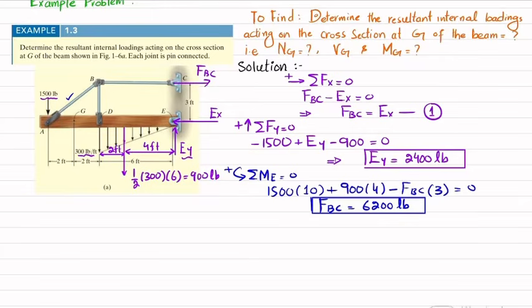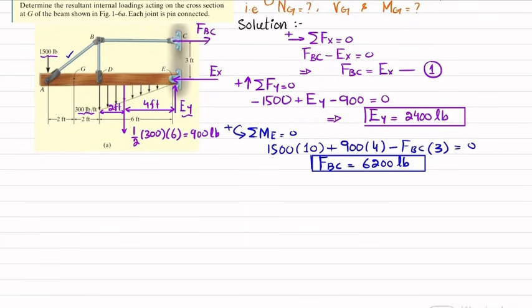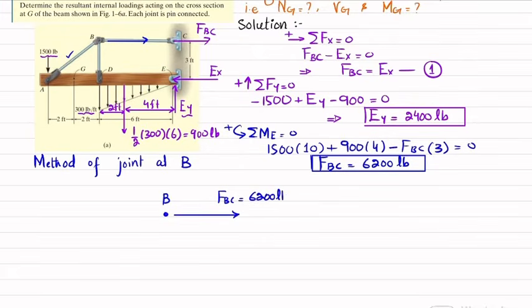So what we will do is use the method of joints at B. For that we will take point B, clear, and at point B you can see you have this FBC in this direction. So I will write this FBC in this direction, which is equal to 6,200 pound.